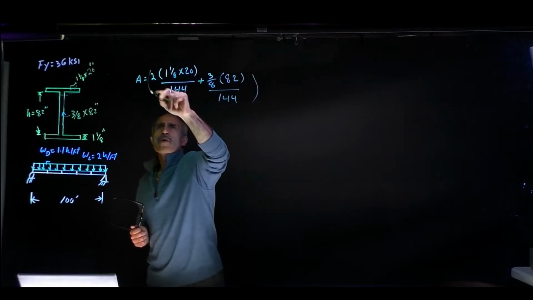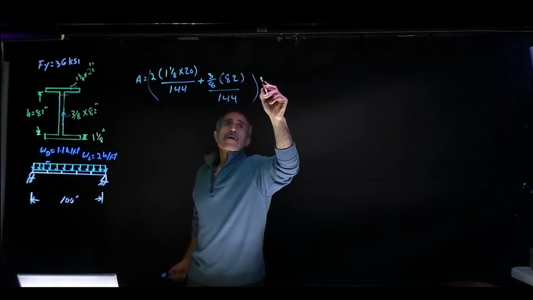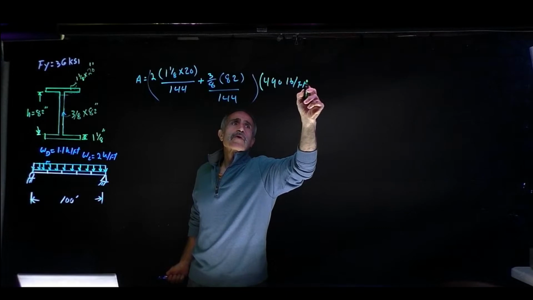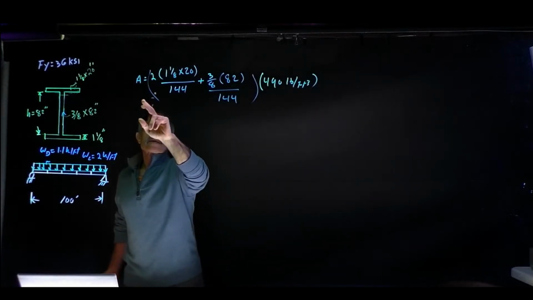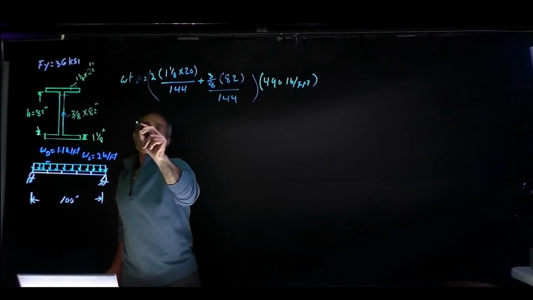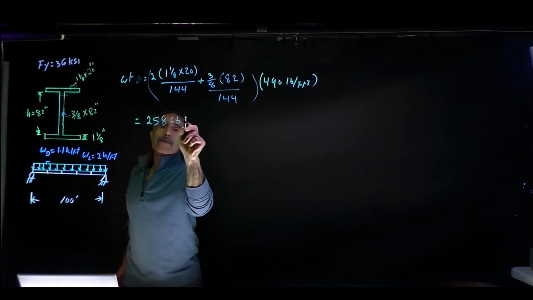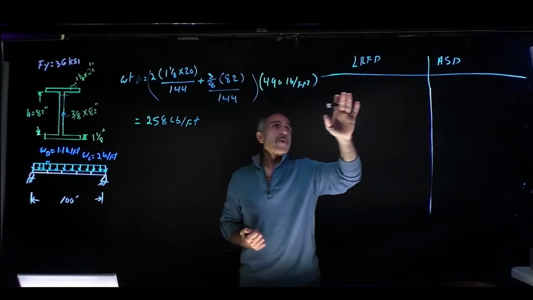Let's multiply the whole thing by the weight of steel, 490 pounds per cubic foot. That's the area, and that gives the weight of the beam, which comes out to 258 pounds per foot.